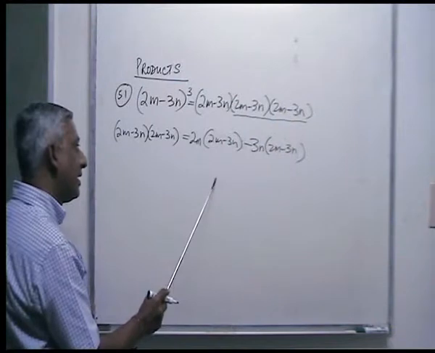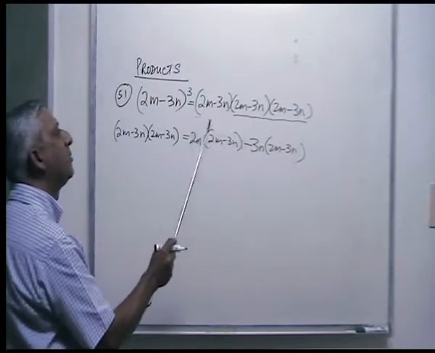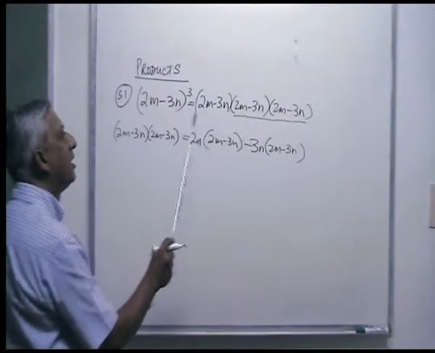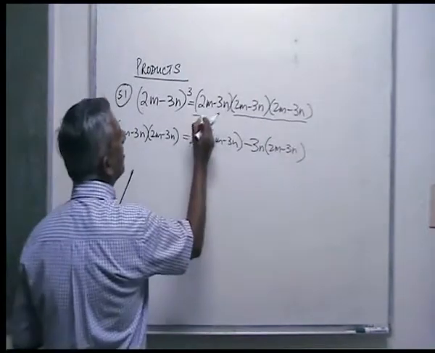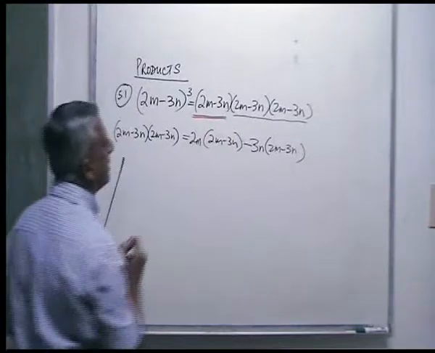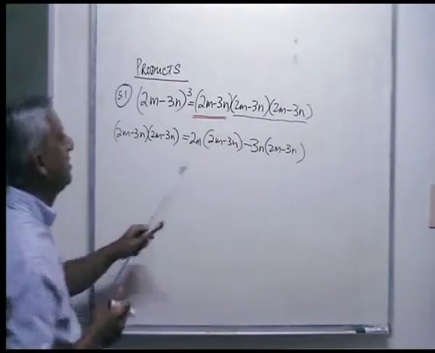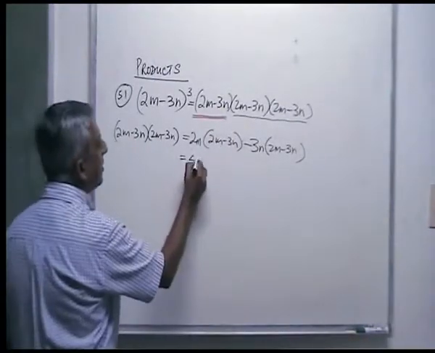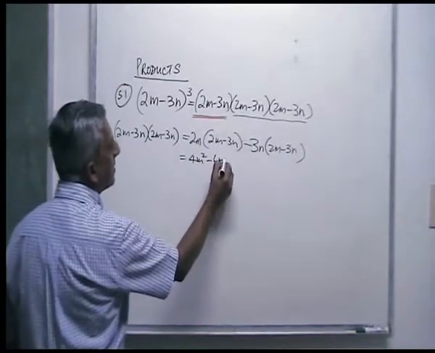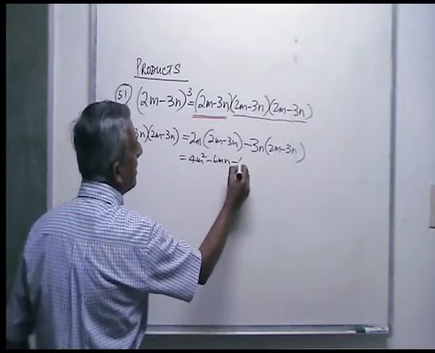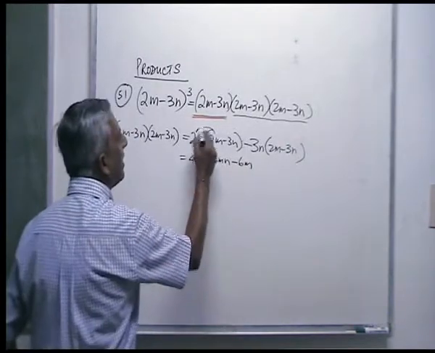I'll get the answer, and when I get the answer, I'll multiply it by that. So it's easier to work like this, you see. So what you'll say, well, that's 4m squared minus 6mn. You're multiplying here, you're multiplying there.